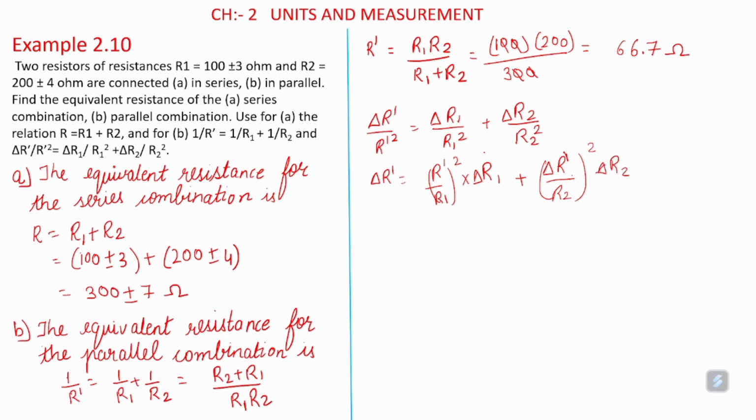I have just rearranged the terms so it would be easy to square, because both of these terms are in squares. So I have taken it as division and then we have to square it only once.